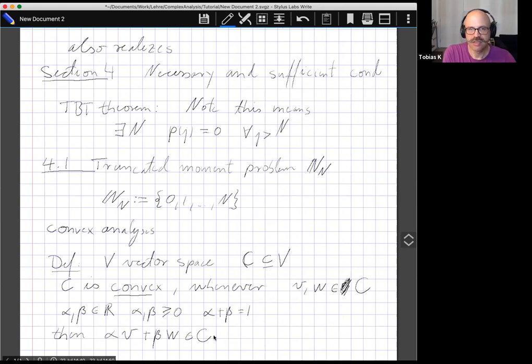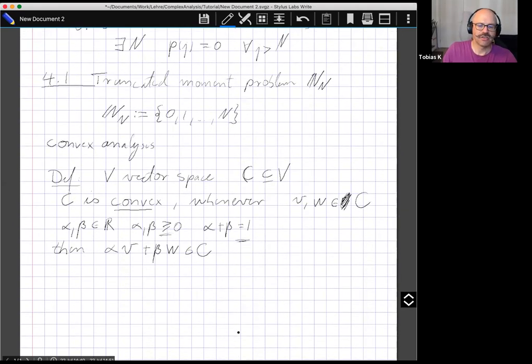Note the similarity with the definition of a linear subspace. A linear subspace of a vector space has exactly the same definition, only that one doesn't have these 2 extra conditions. And you note also that this is exactly the situation which happens when we use probabilities. We always had parameters which had to be non-negative and sum up to 1. Then we have the analog of a linear combination.